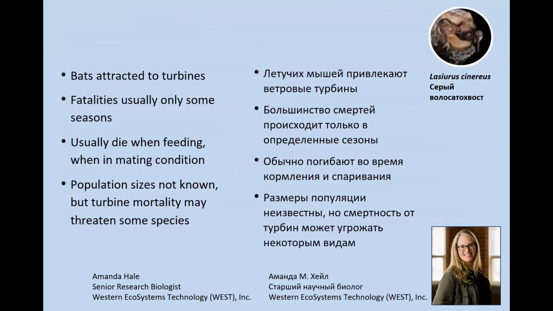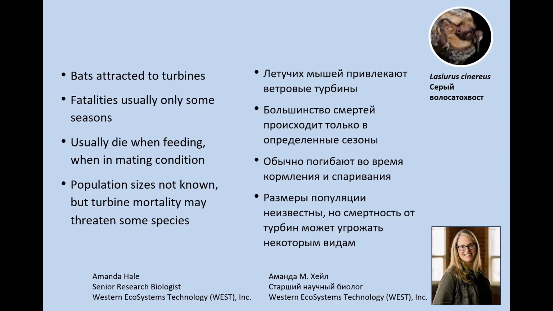So another thing, we see some direct impacts from wind turbines. And one of the strangest things is that many bats are attracted to wind turbines. They specifically come to wind turbines, and then they are affected, especially through collision and fatalities. When we find fatalities, they're usually only in some seasons of the year.